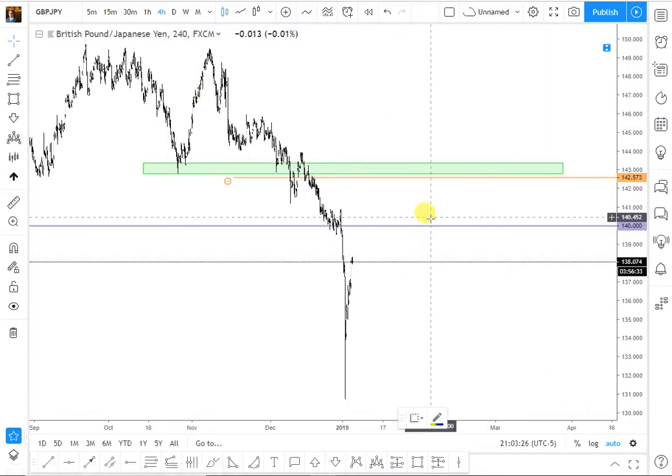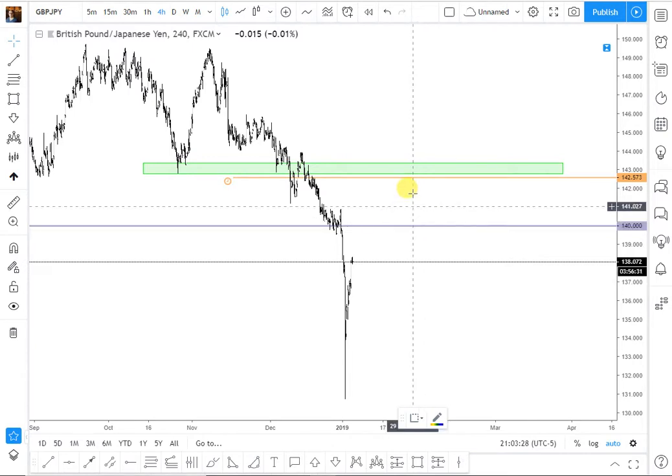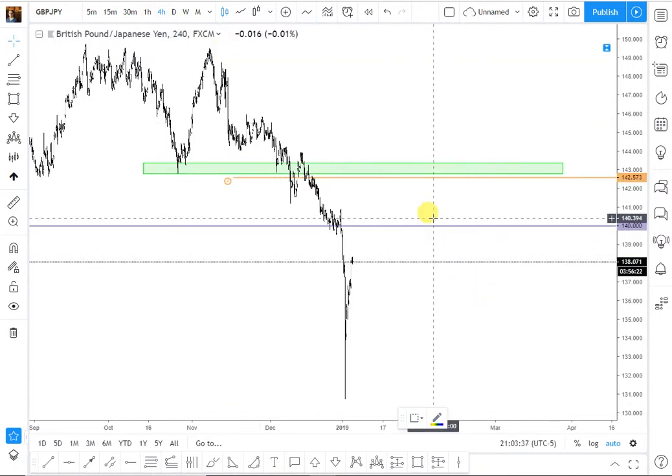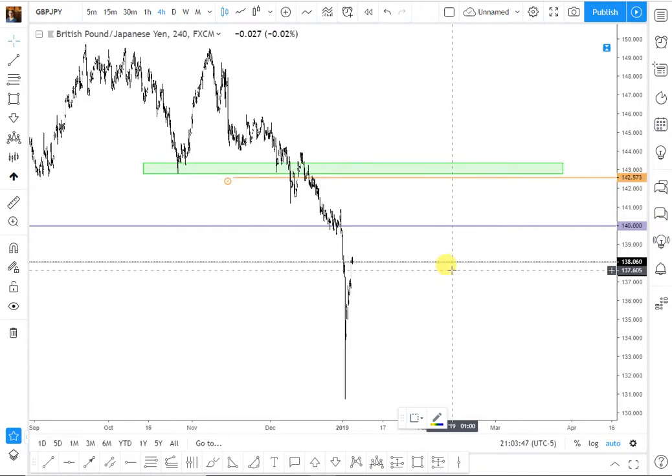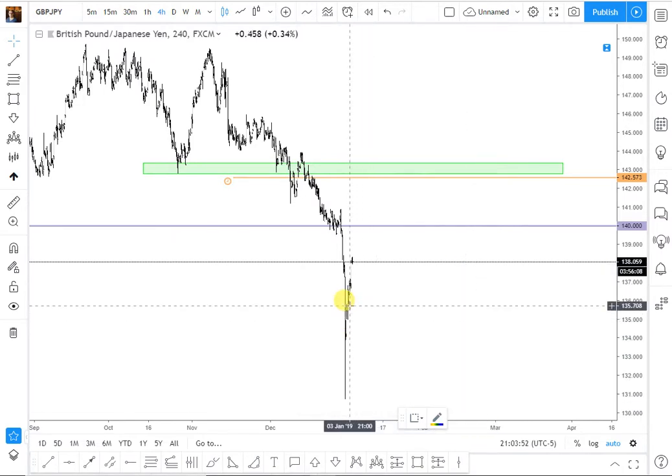So we will keep an eye on this level before it goes up, before its return. So we will keep an eye on 1.40. If it fails, we will keep an eye on 142.50 for a short setup near this zone.